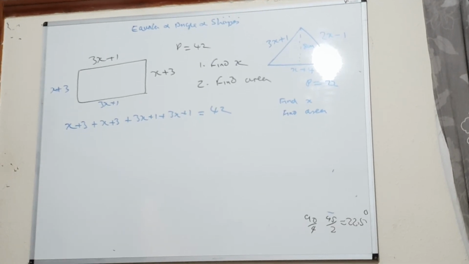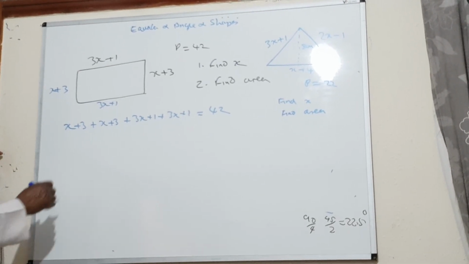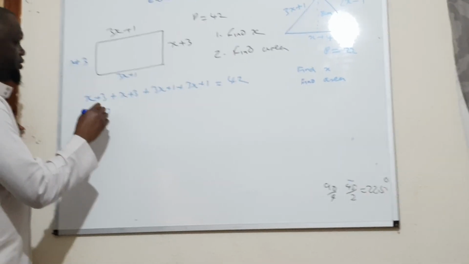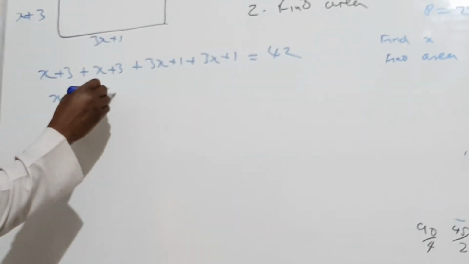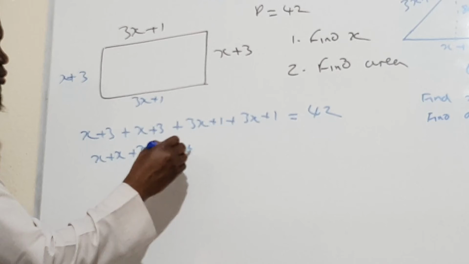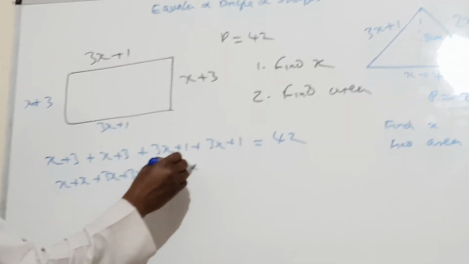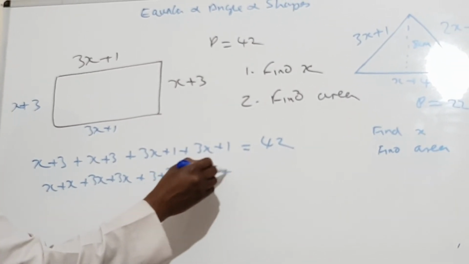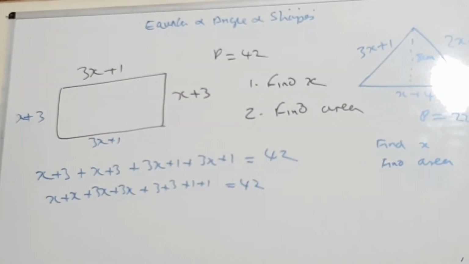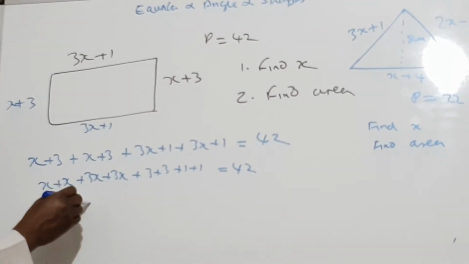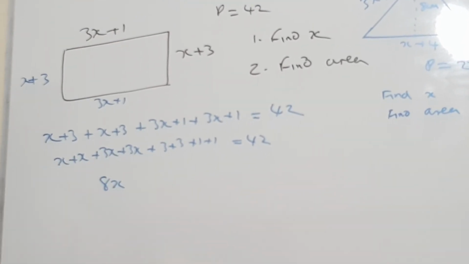So we add everything together. x plus 3x plus 3x plus 3 plus 3 plus 1 is equal to 42. So all this is how many x? 8x.